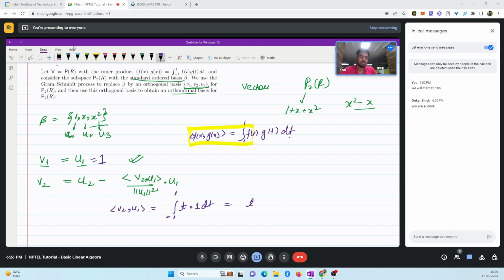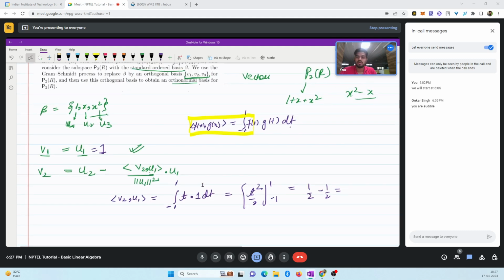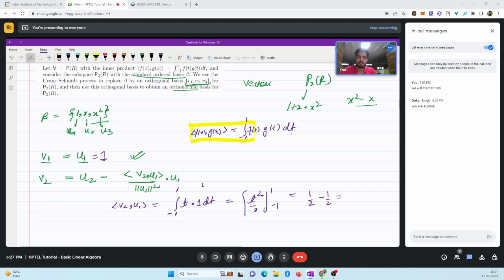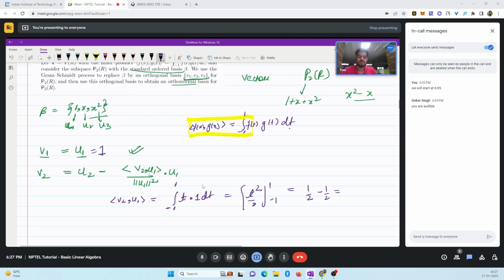So what it is, t square by 2 from 1 to -1. So this is 1 by 2 minus 1 by 2. I hope I'm not doing any mistake over here. Yes, this is -1 to 1, and it came out very clean. So this is 0.